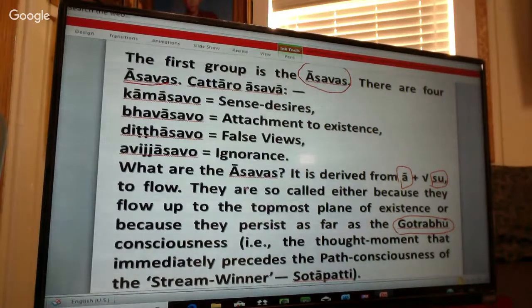The topmost, the highest plane is Arupa Loka. In Arupa Loka, the highest one is Nevasannanasannayatana Bhumi, the highest plane. So the asava can flow up to that existence.